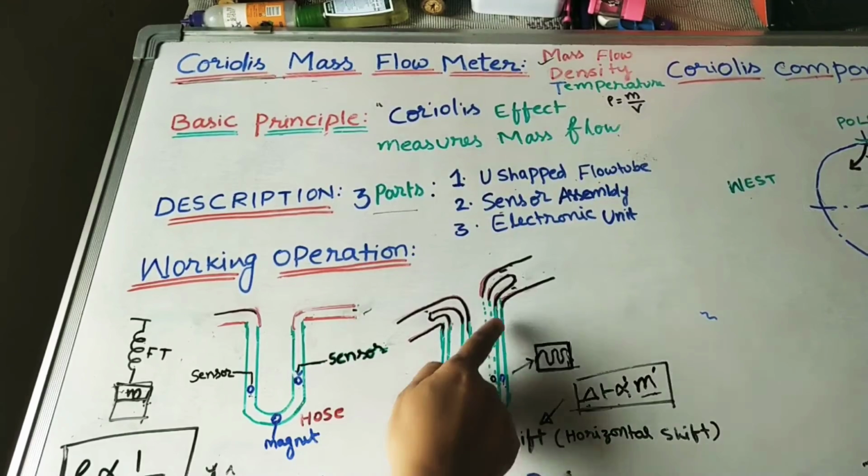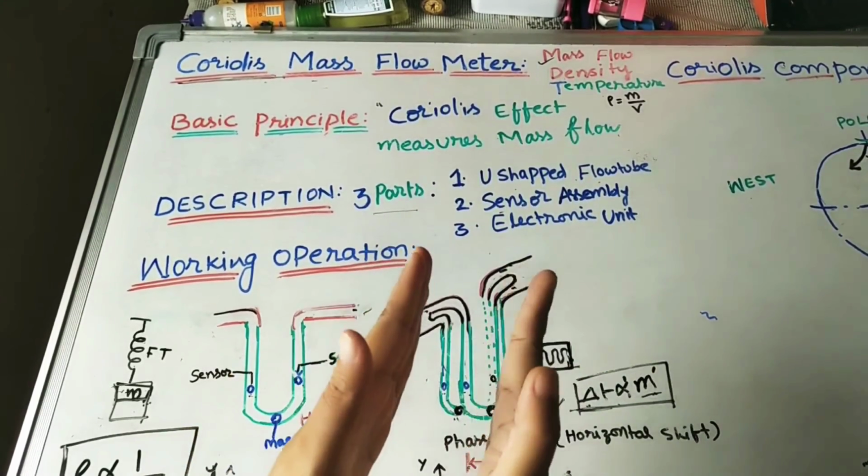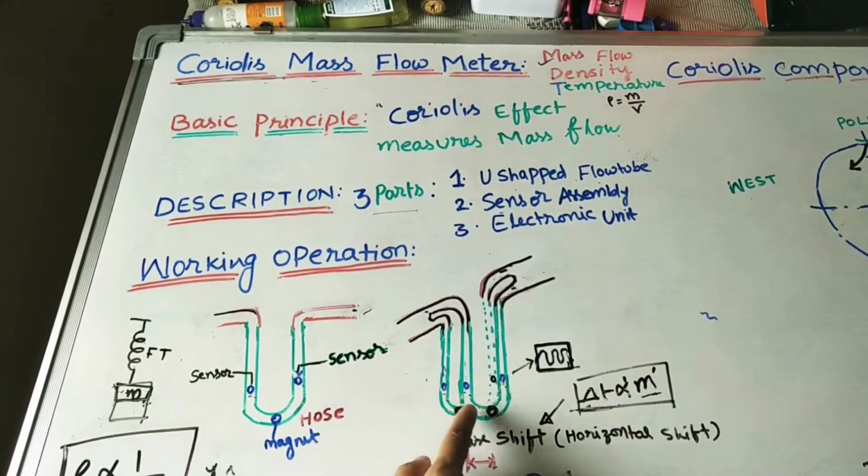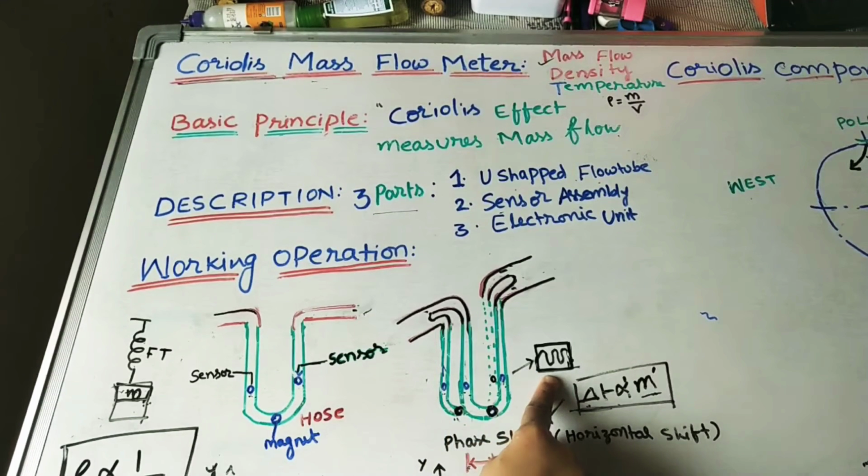Whatever frequency one tube is oscillating at, the other tube oscillates at the same frequency. Both frequencies are the same if there is no flow. If both are oscillating at the same frequency, we can call it resonance. If these two are oscillating, the sensors will take those oscillations and give the output as an electrical signal.